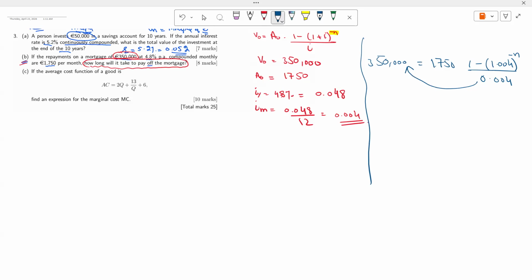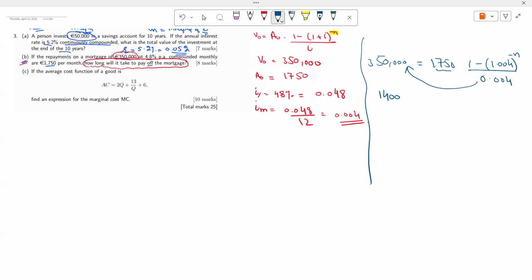If you multiply 350,000 by 0.004, you get 1,400.